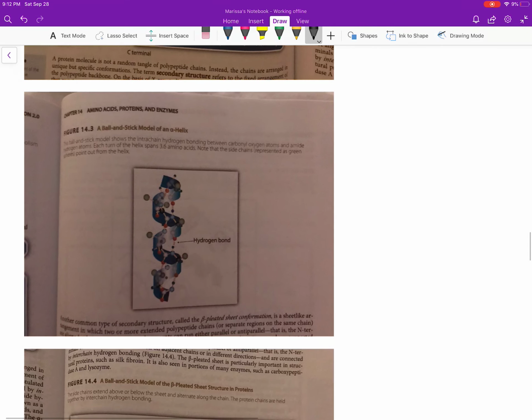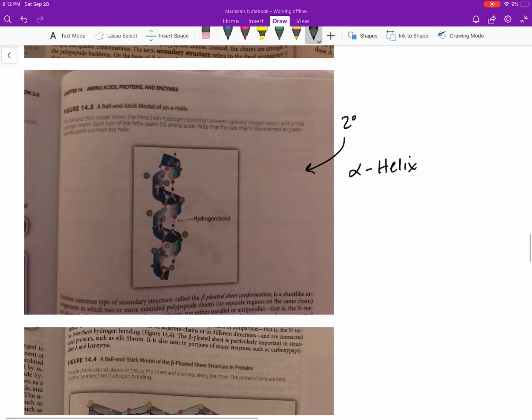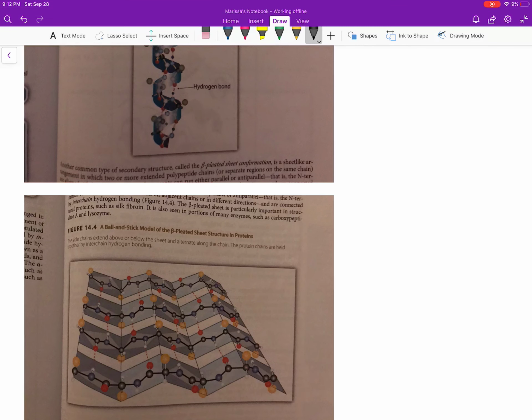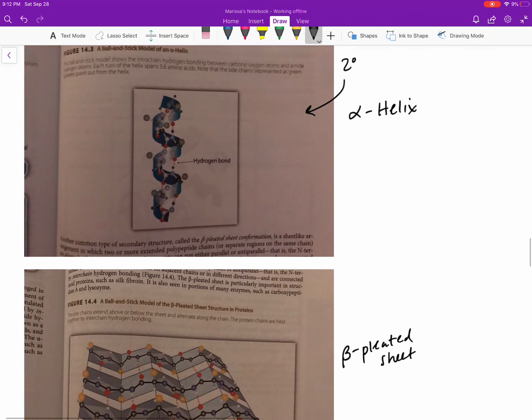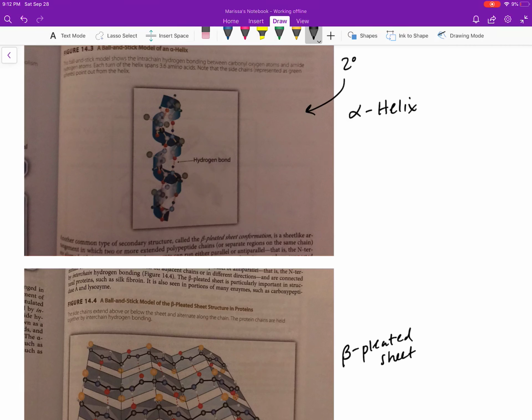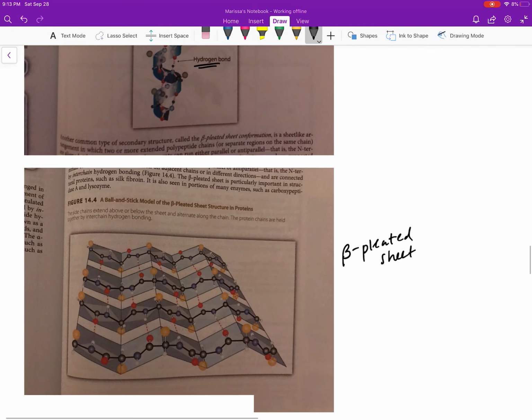When we get to secondary structures, we have two different types. We have what's called the alpha helix. It's named such because it looks a lot like the DNA helix. And then we have what's called the beta pleated sheet. Okay, so we can see here now we have not just a straight line, but we have hydrogen bonding, which is allowing for additional stabilization in that secondary structure.